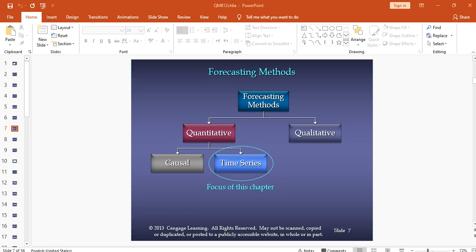It can also be monthly, quarterly, every 3 years, like economic data, and also yearly based. So it's very important to know the nature of these data.